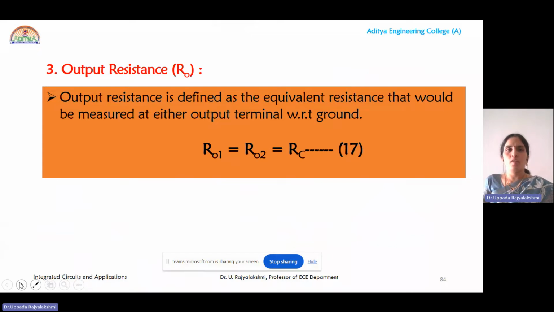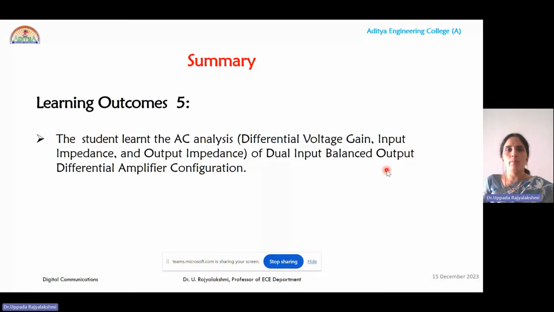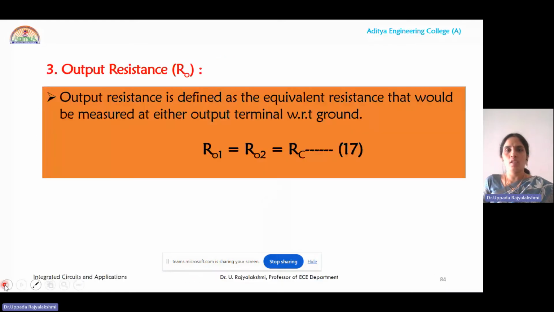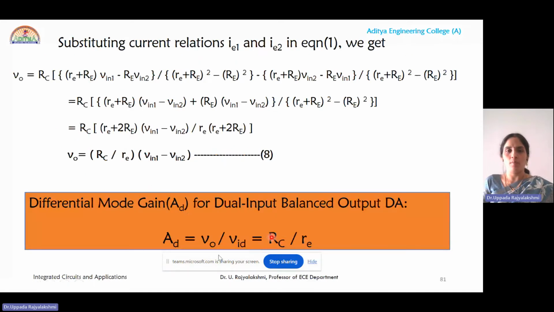So from this session, we learned the AC analysis of the dual input balanced output differential amplifier configuration. In the AC analysis, we calculated the differential voltage gain AD, and what did we obtain? I am taking you back: it is capital Rc by small re.